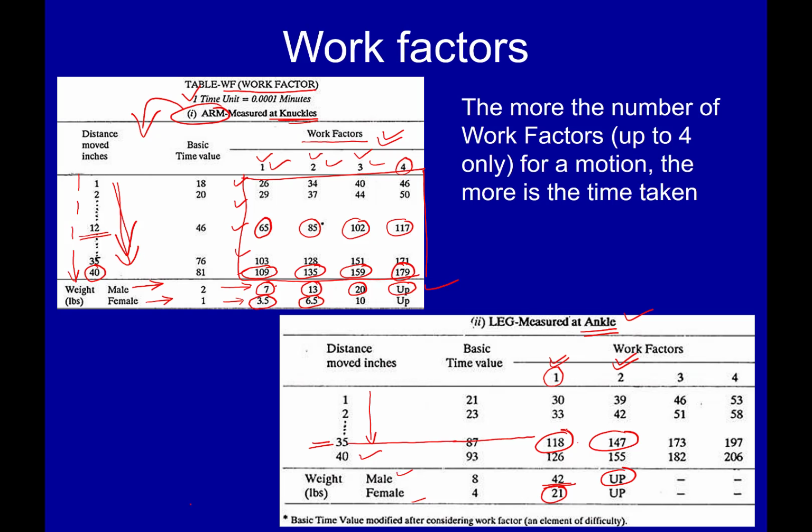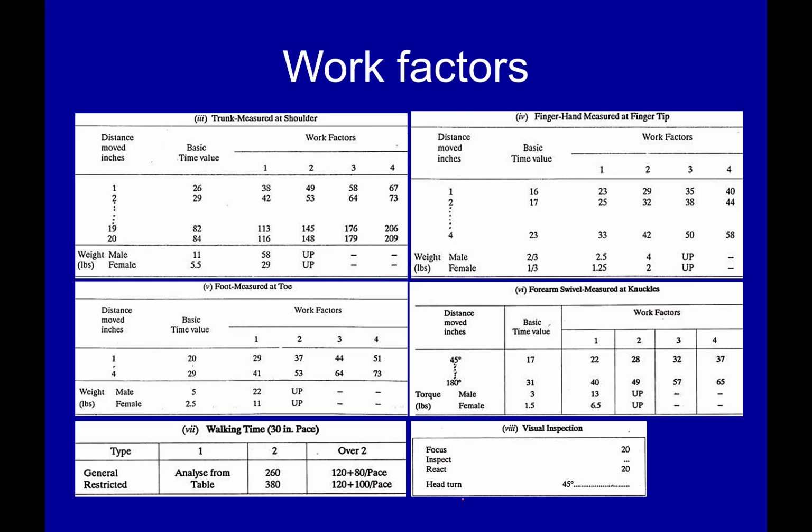So this is how the time taken for performing the movement by legs through the different distances while carrying the different weights by male and female can be identified. Similarly, the time values for performing the different fundamental motions by trunk for the different distances and different weights, giving the different work factors based on the weight, can be identified.